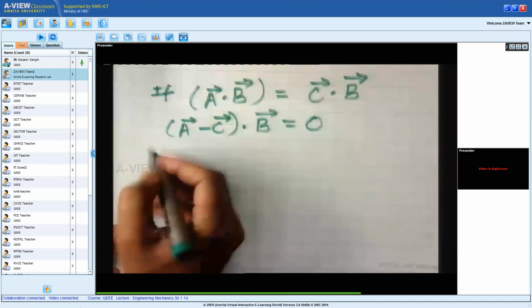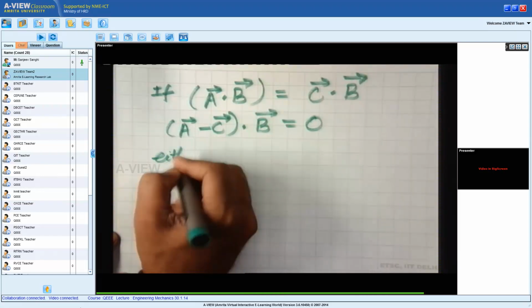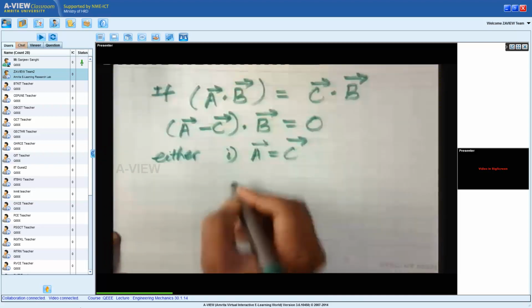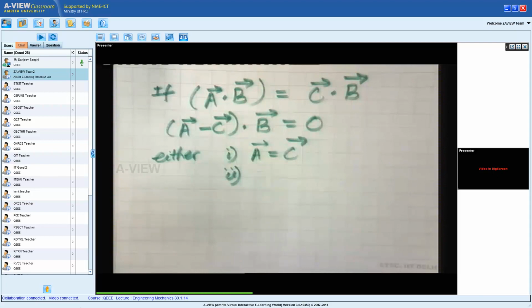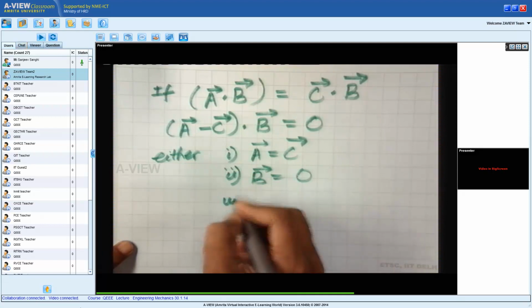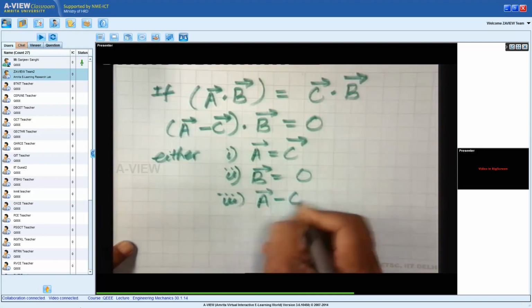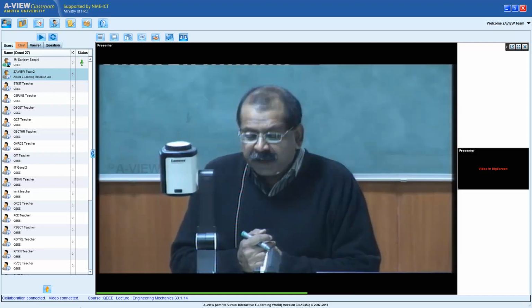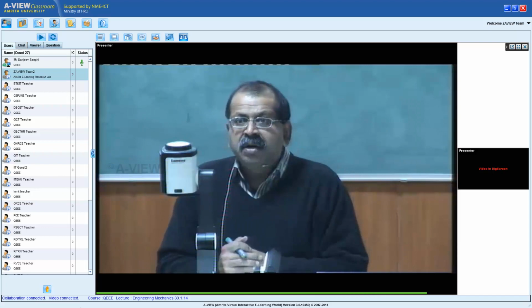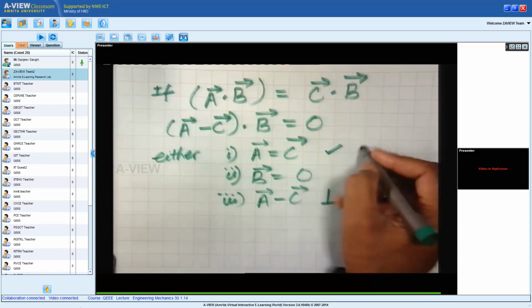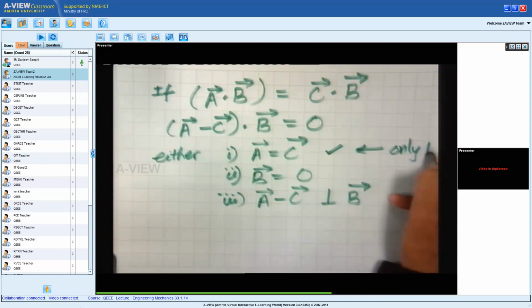And therefore, using my earlier conclusions, we could get either case 1, A is equal to C, case 2, vector B is 0, or case 3, A minus C is perpendicular to B. That means if A dot B is equal to C dot B, it doesn't mean in general that vector A has to be equal to vector C. This condition, vector A equal to vector C, is only one of the three conditions.